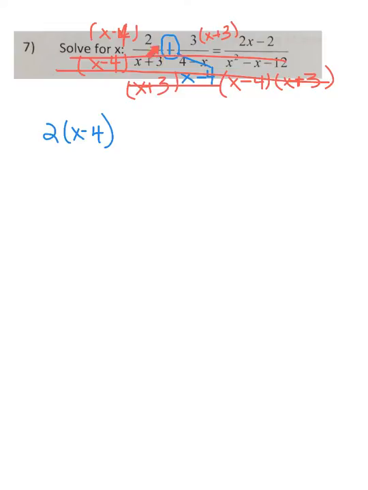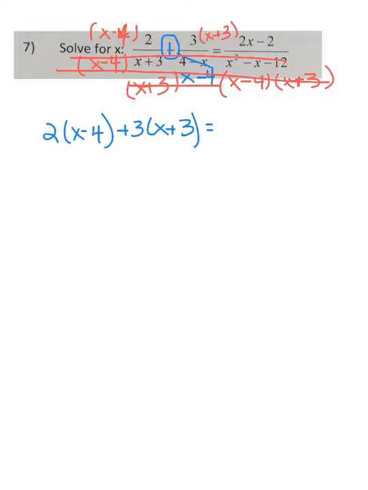Now let's look at my second fraction. Remember we changed this minus sign to a plus sign. And I've got 3 times the x plus 3. All right, so plus 3 times x plus 3 equals, oopsie.